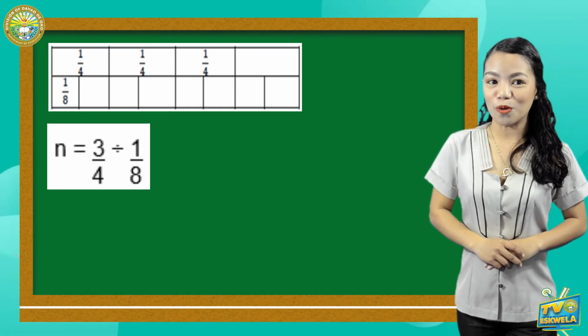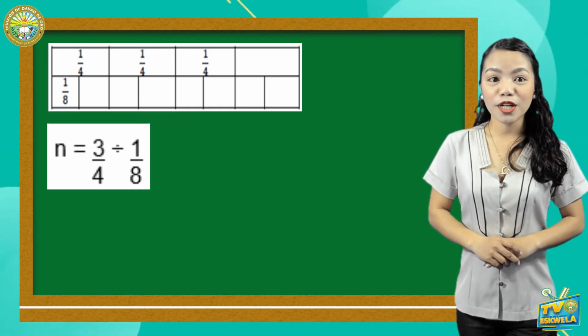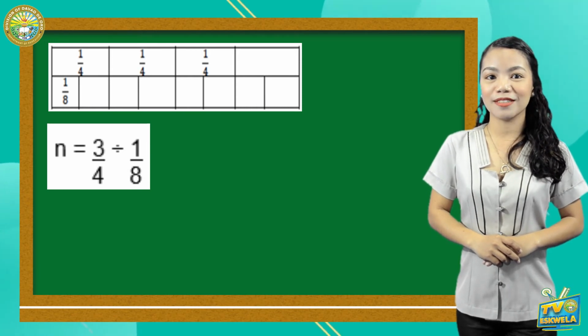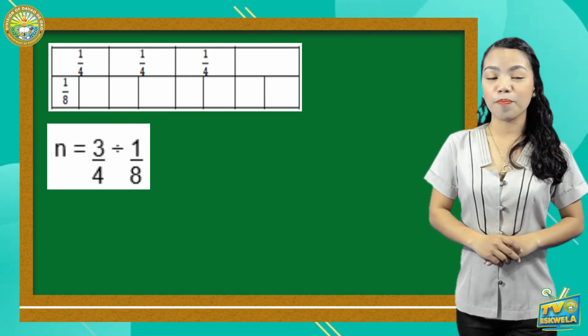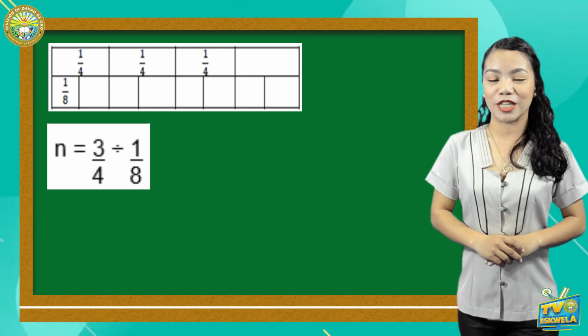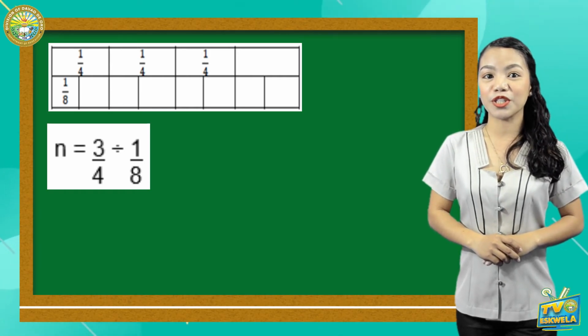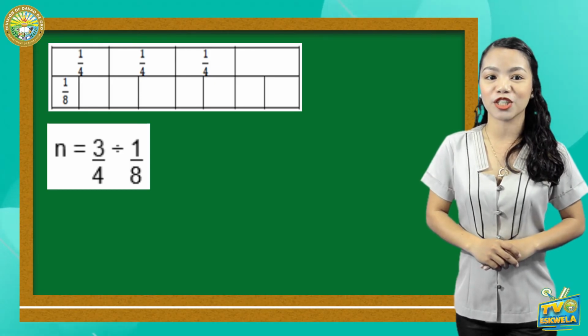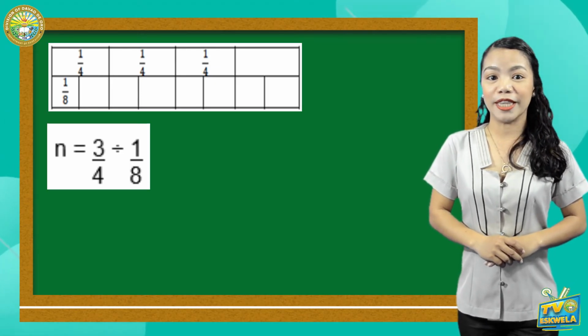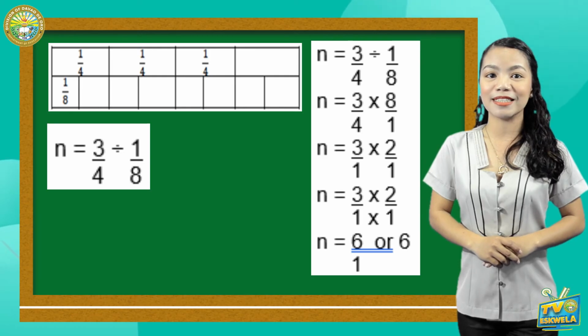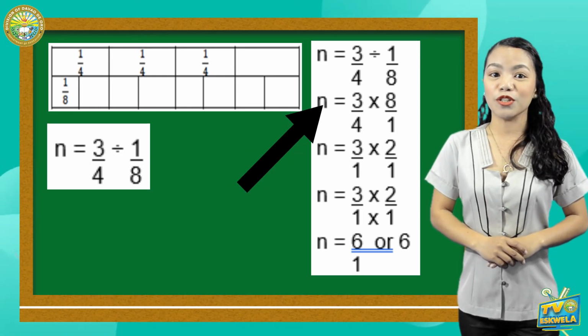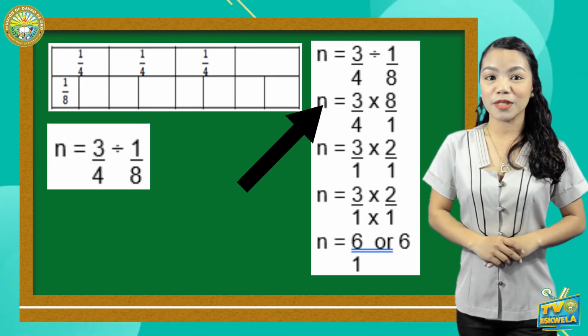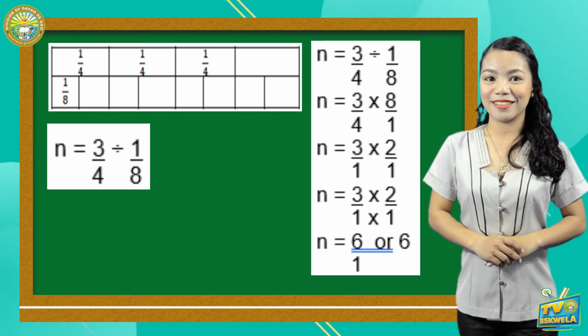Let's solve. In order to find its quotient, we change the operation to multiplication and then inverse the multiplier into its reciprocal fraction. You shall now have the number sentence n equals 3/4 times 8 over 1.